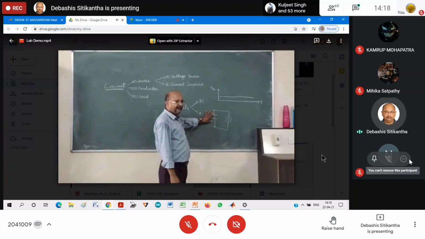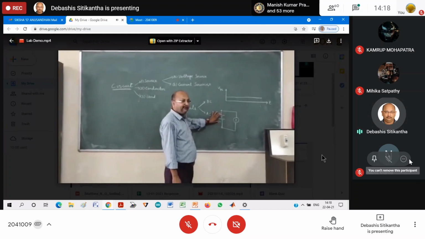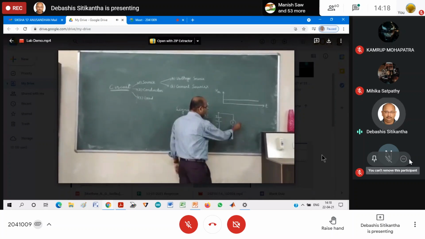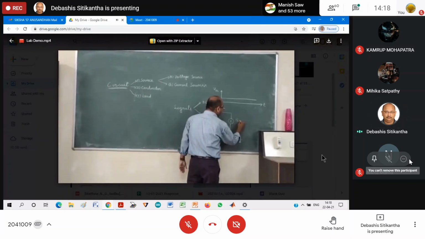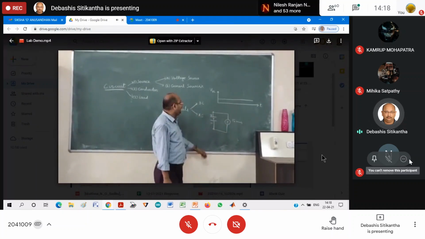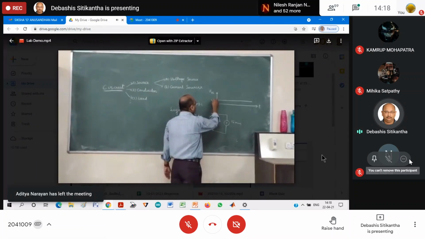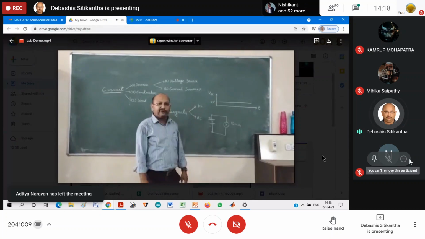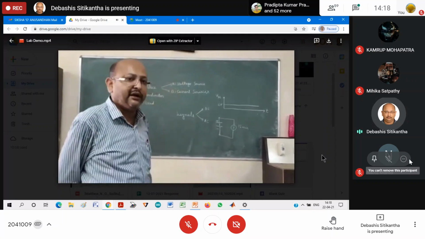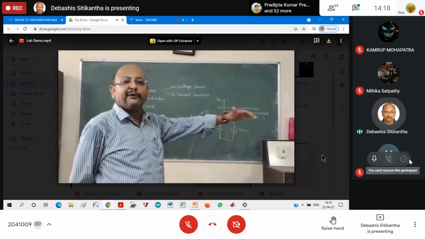Now, if this battery gives me 5 volt, and suppose I measure it for 15 minutes, then throughout the 15 minutes, this voltmeter is going to give me a reading of 5 volt. Okay? So, this is known as a DC voltage. That means its magnitude is going to remain constant for a long period of time.